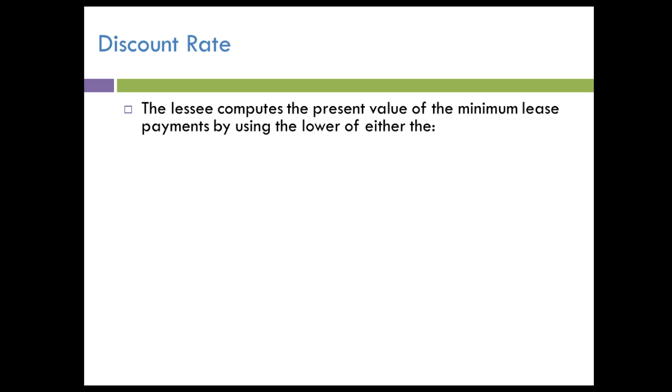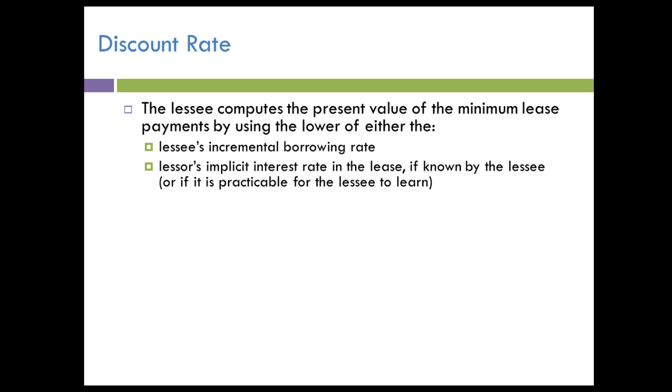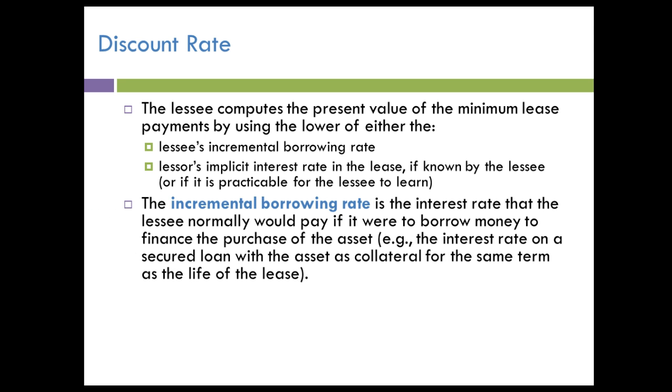And they're going to determine that by using the lower of either the lessee's incremental borrowing rate or the lessor's implicit rate, if it's practical for the lessee to even know what that is. So they're going to use the lower of either of these.